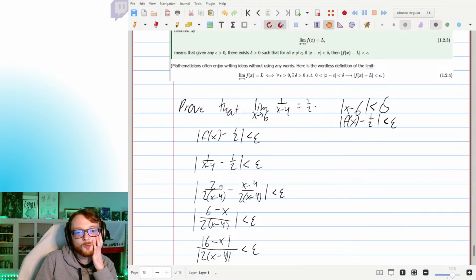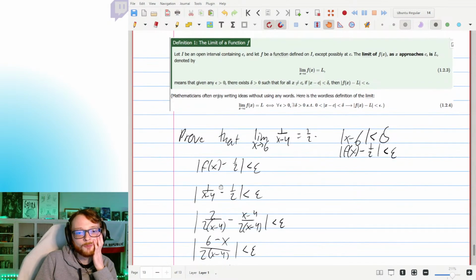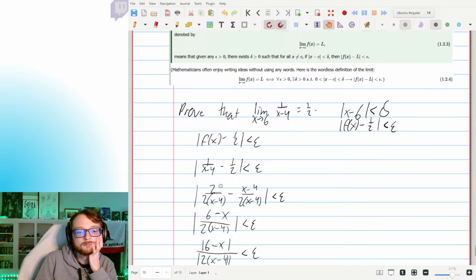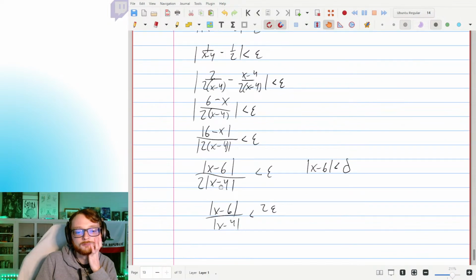Why is the inequality going the wrong way?